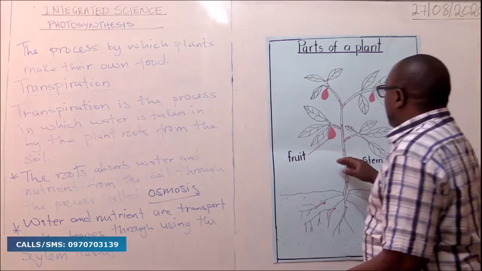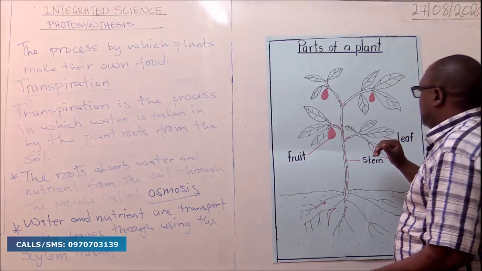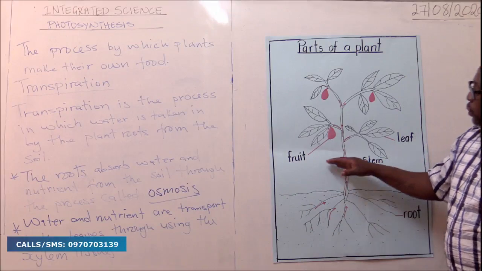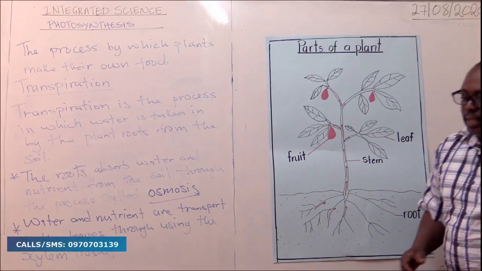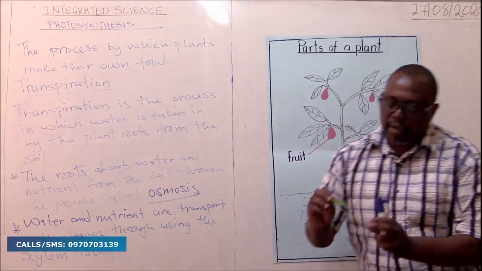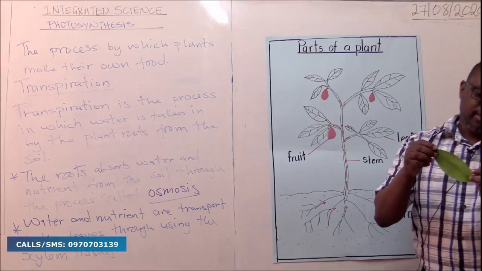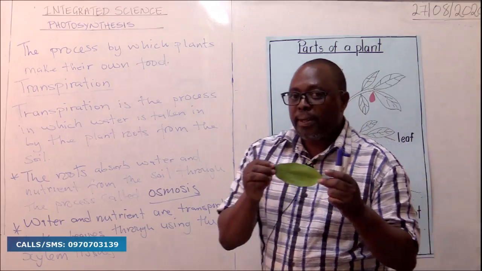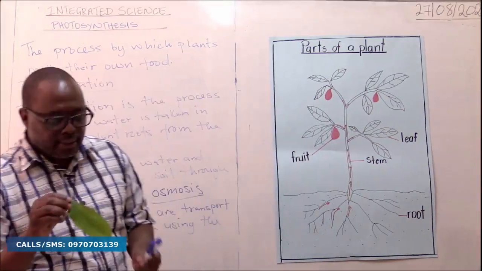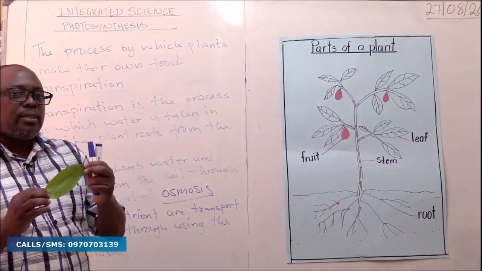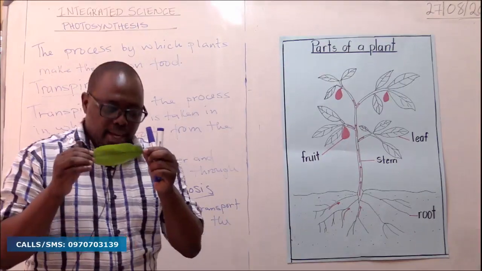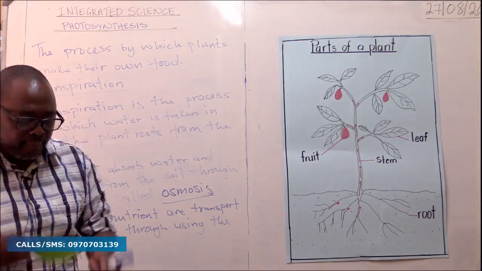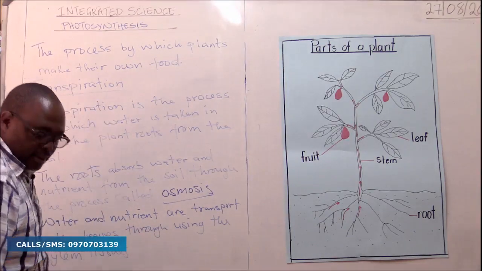What is left is released into the atmosphere through the small openings that are found inside the leaf. We cannot see them, but they are there. Okay, so the small openings are what we call stomata. So this is where the water is released in the leaves. Are we together?